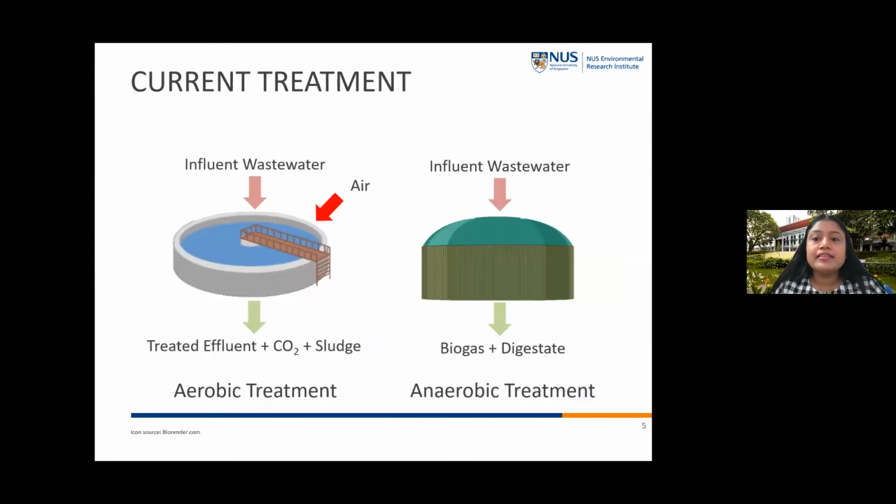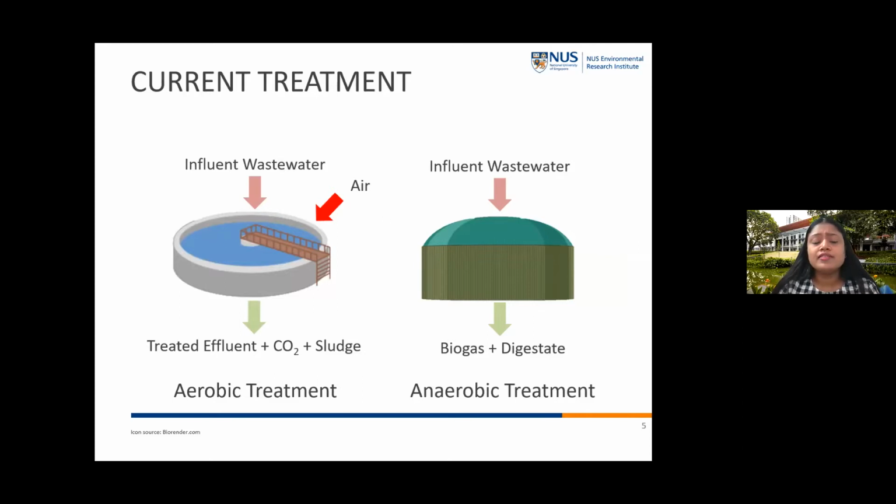Now, what are the current treatment methods? The first treatment method that is very popular is aerobic treatment. In aerobic treatment, the wastewater is subjected to aeration, and there are aerobic microorganisms inside the system which break down the organic pollutants.